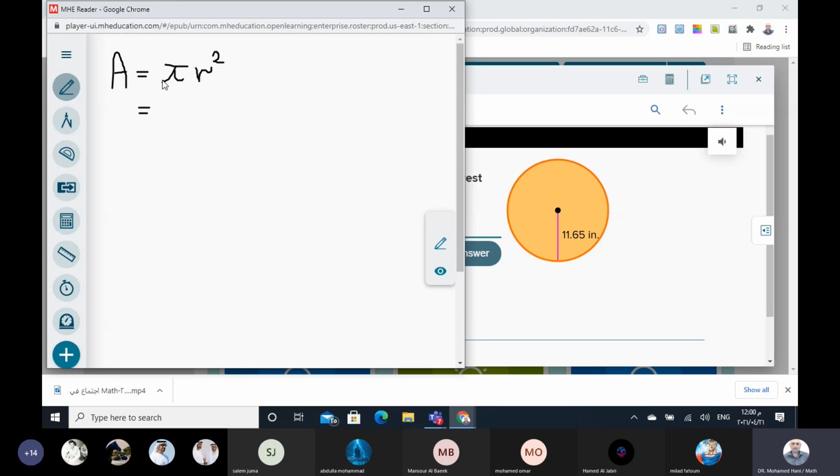So the value of pi will be 3.14 times the value of r, 11.65, and r squared means 11.65 times 11.65.